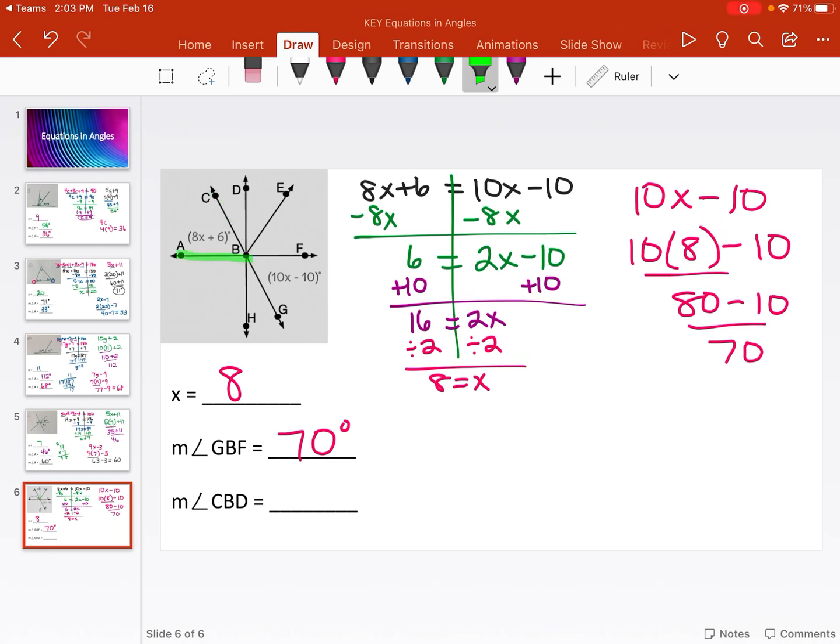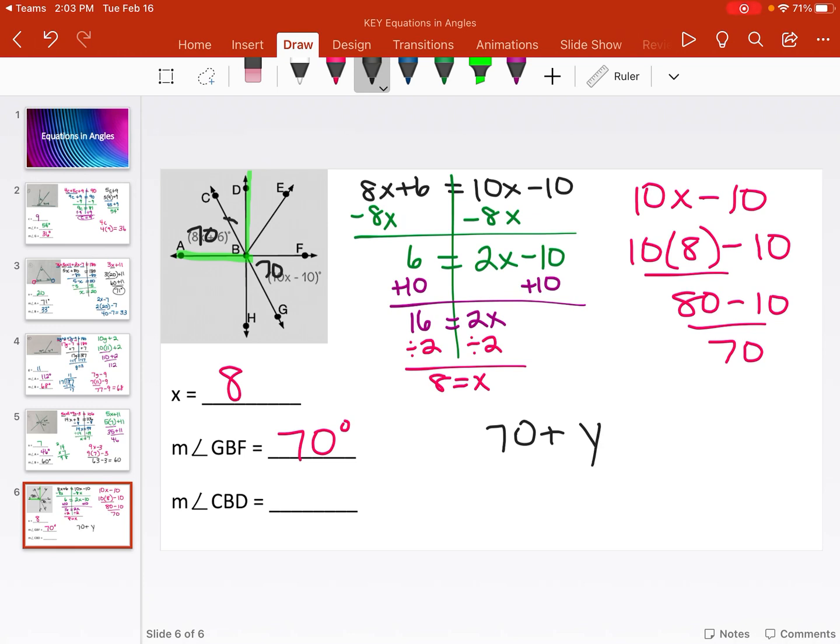Well, this right here is a 90-degree angle. Okay, so I'm going to set up a new equation. I already know that B is equal to 70 degrees because we just found that out a second ago. So I can take 70 plus, let's make up a new letter, y.